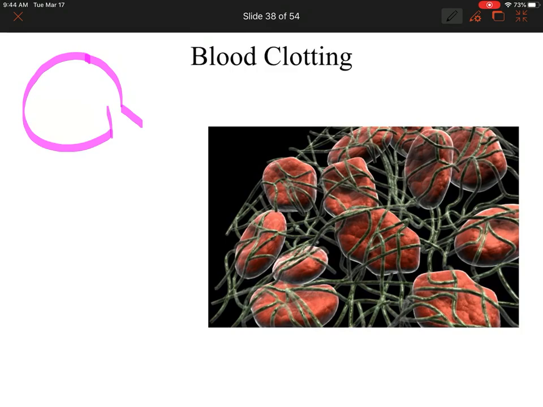Well, there are a couple things in your blood that will help. First, you have platelets. So we talked about those when we talked about the cells of the blood. Platelets are going to help clot. You also have clotting factors. And clotting factors are proteins dissolved in the blood.